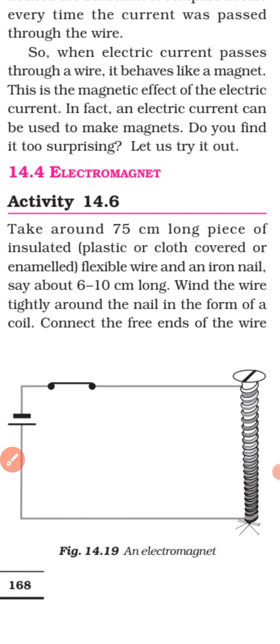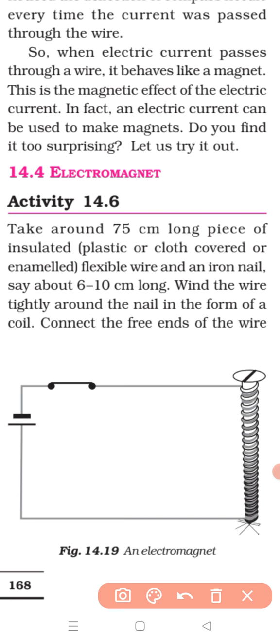Here is figure 14.19, which shows an electromagnet. What does an electromagnet consist of? An electromagnet consists of a long coil of insulated copper wire wound around an iron rod.